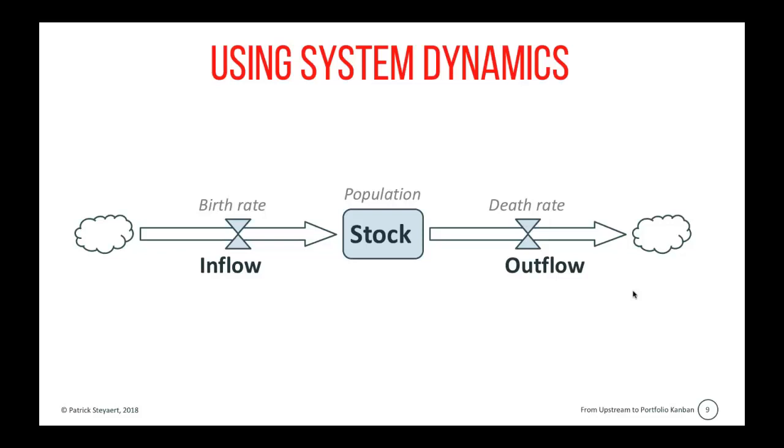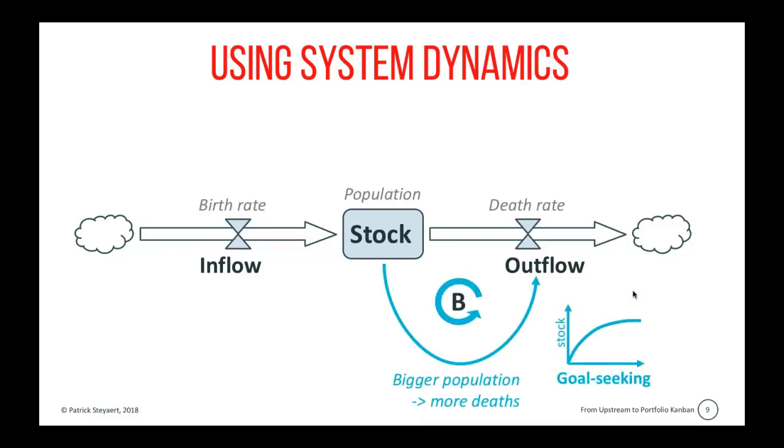Now, luckily, so to speak, there's a balancing loop also. The bigger the population, if you're talking about a population of people, the more people die. So that balances out the reinforcing loop, and the balancing loop leads to a goal-seeking behavior.